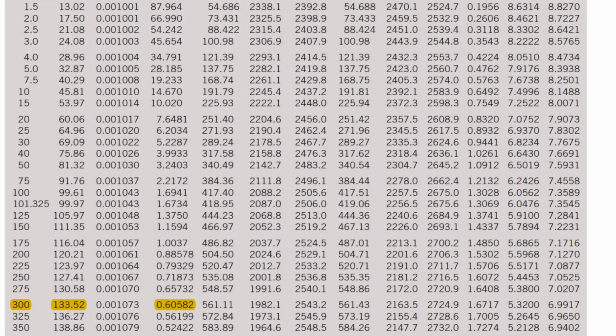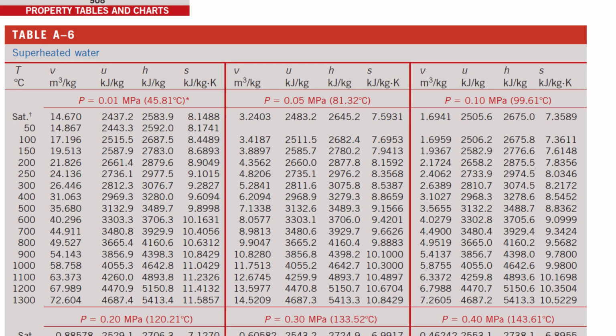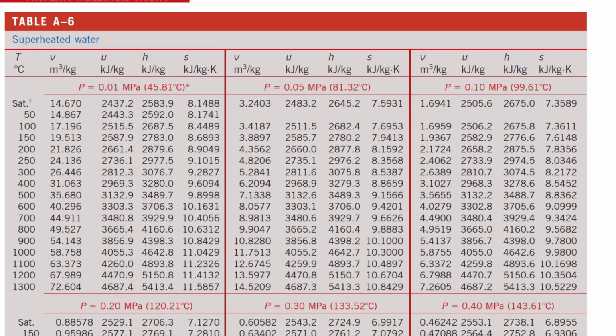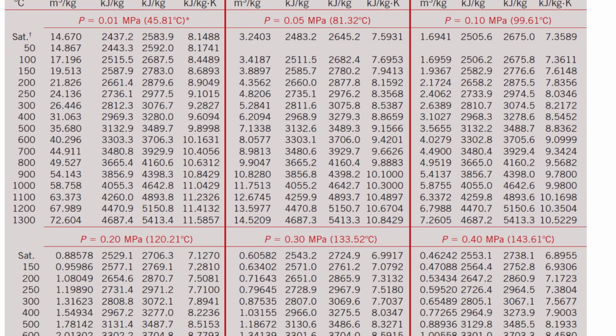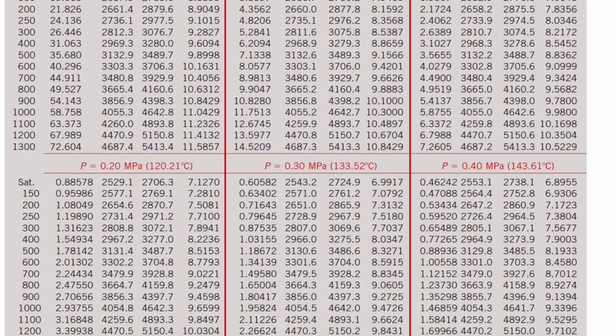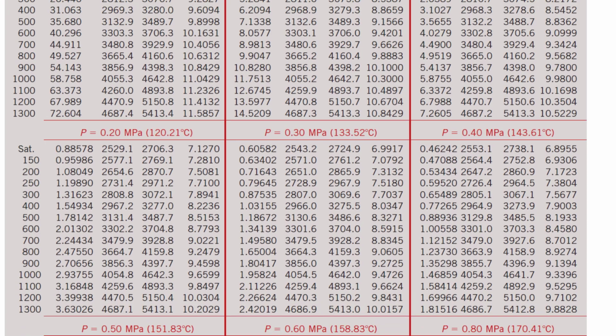So let's switch to the tables here and go to the superheated water tables, and scroll down to 0.3 megapascals, which is equal to 300 kilopascals. Okay, here is the 0.3 megapascals, and look for the temperature of 200 Celsius.